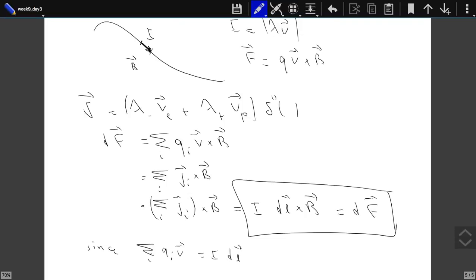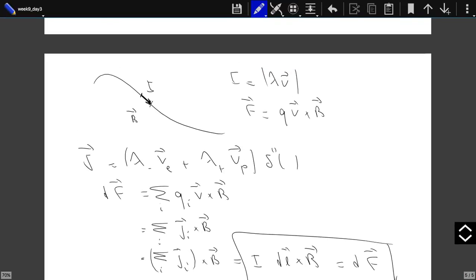I just assume this small volume. I'm summing over all the charges in this very small length, dl. They will be, let's say, passing through the length dl in a time dt. So I is basically the total charge dq over t.